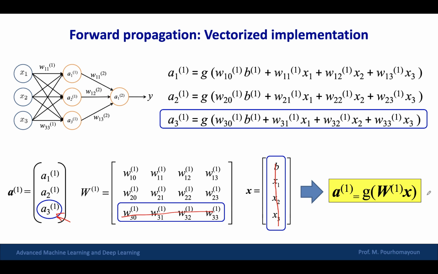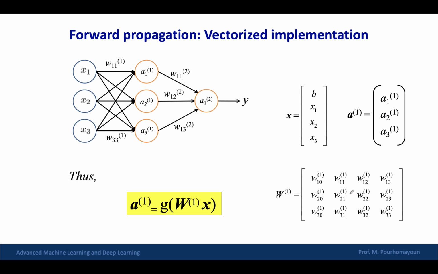Okay, so all of those complex equations will be represented only in this simple equation. So this equation includes everything. Very simple. All right, but we have to define these vectors.